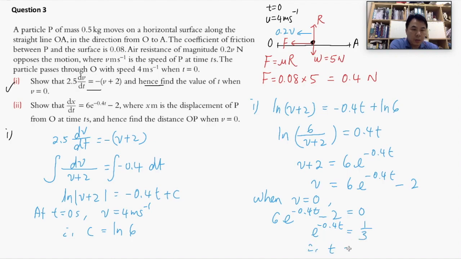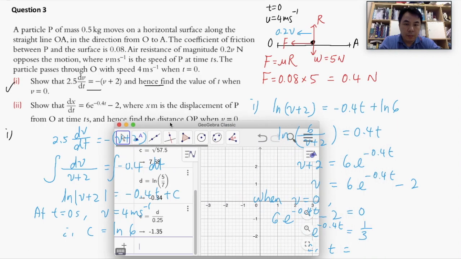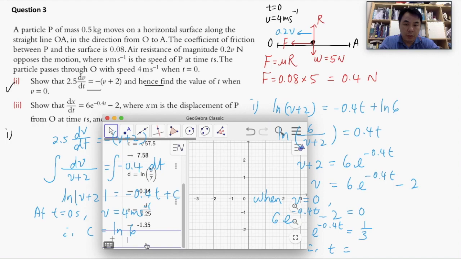Therefore, for the time, I'm going to solve it very quickly using GeoGebra here. Okay, just let me move it a bit. So we have 3, and then we have 0.4 here.